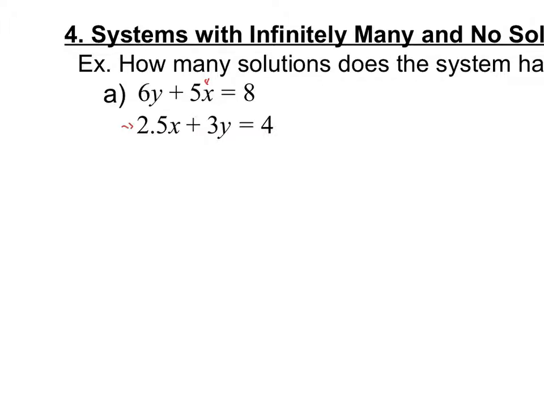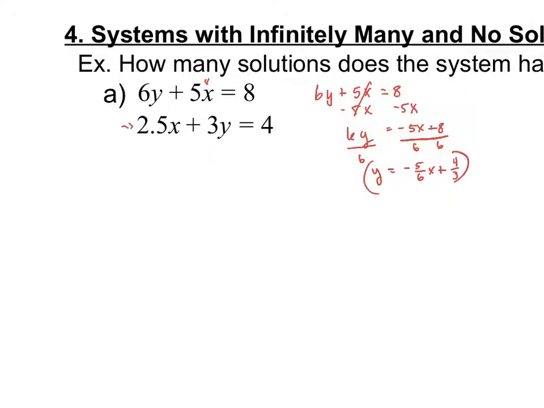So solving for y, I have 6y plus 5x equals 8. I'm going to move everything over to the other side to get y by itself, and that's going to cancel that out. I'm going to have 6y is equal to negative 5x plus 8. So divide everything by 6, and y is going to be equal to negative 5 over 6 x plus 4/3.